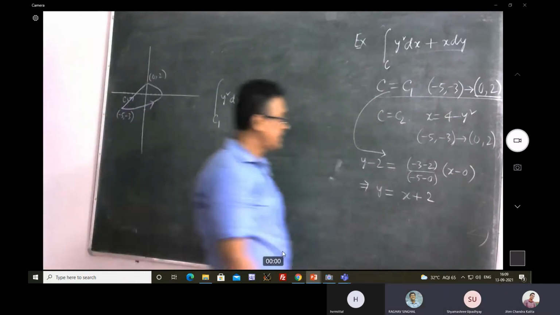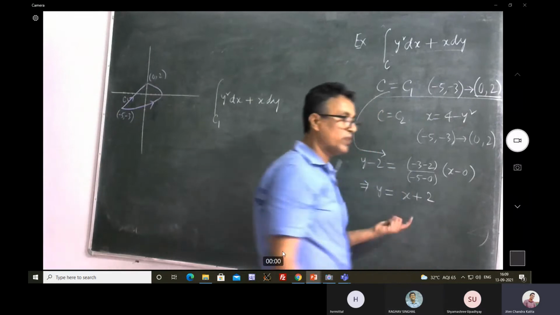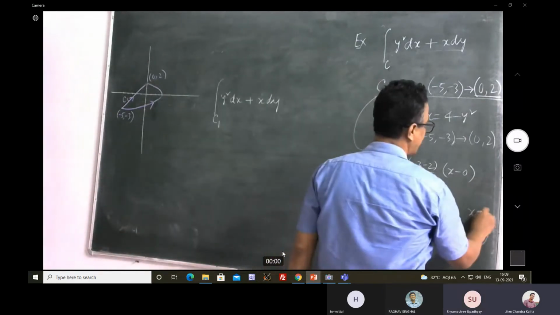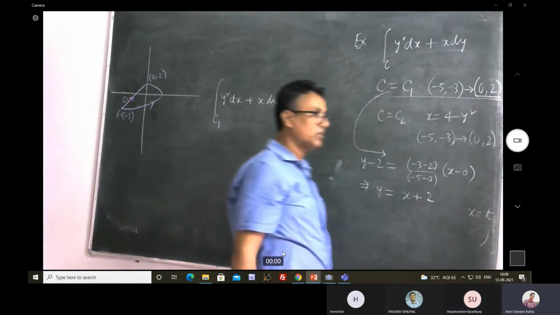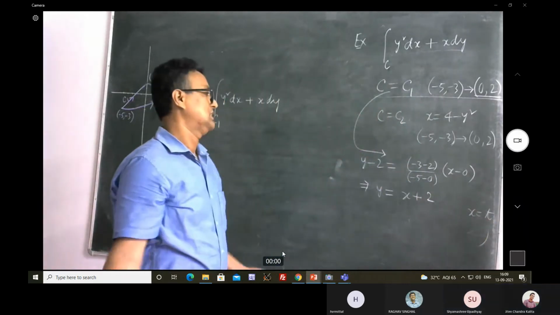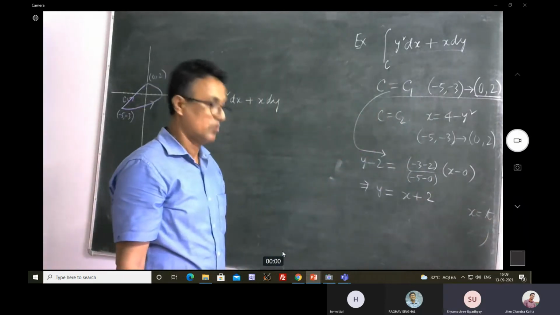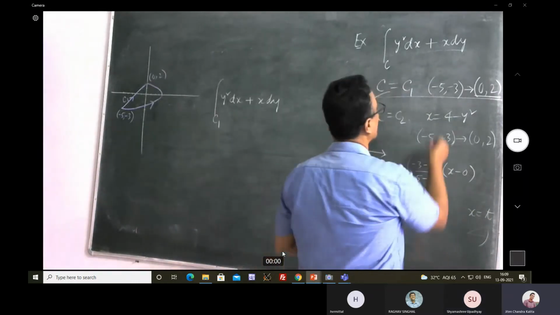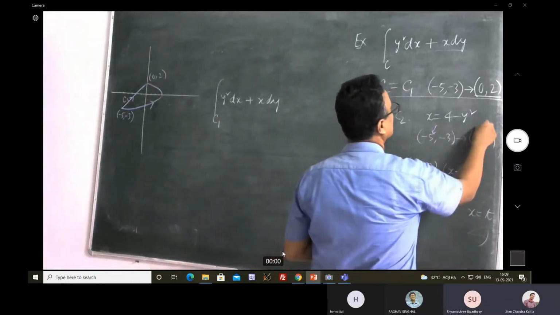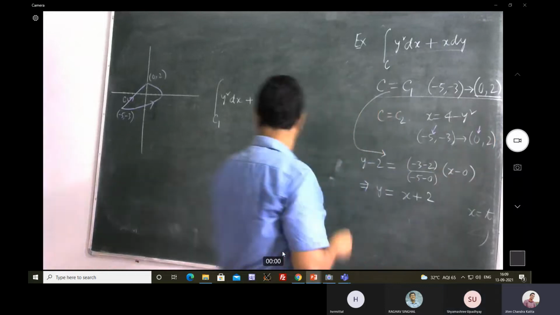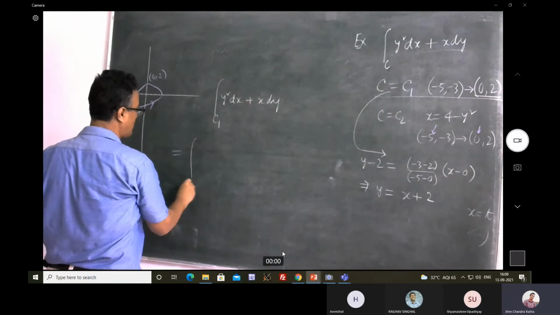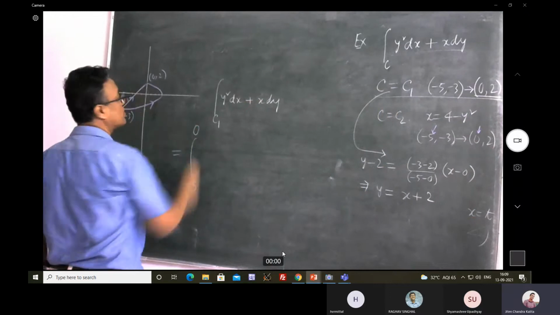Yes. Fine. The easiest way to parameterize is simply to take x equal to t, then y is going to be t plus 2. And x goes from -5 to 0, so t goes from -5 to 0.